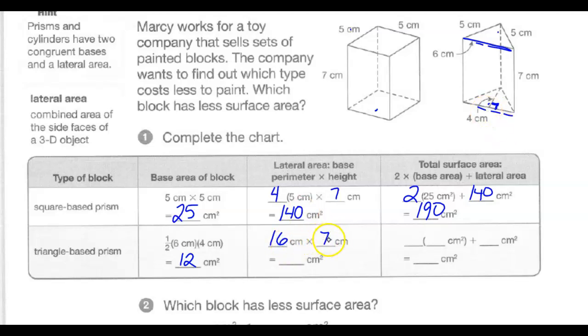So 16 times 7 is, that's 70 and 42, so 112. Okay, then we're going to have 2 times 12 for the base plus 112. So that's 24 plus 112 is 136.